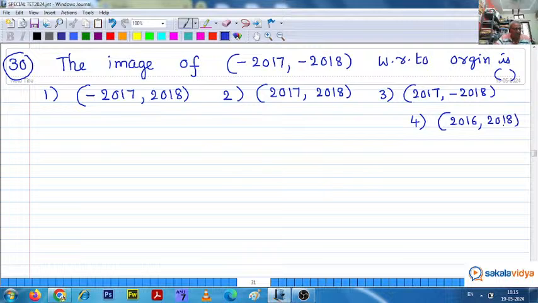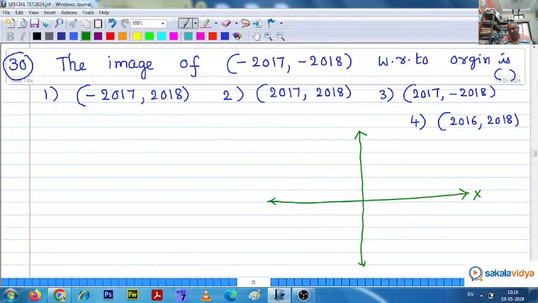So don't worry, I will tell you one beautiful shortcut to you. Without actually using a diagram this problem can be solved, with a shortcut also we can solve. See diagram, for example this is a coordinate axis. This is x dash, this is y and y dash, this is the origin.